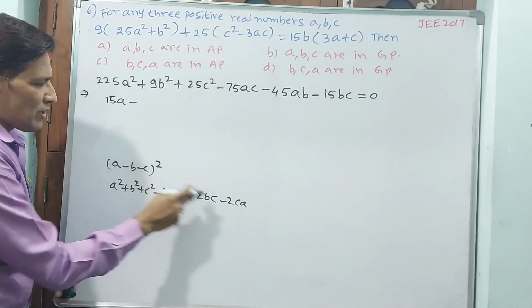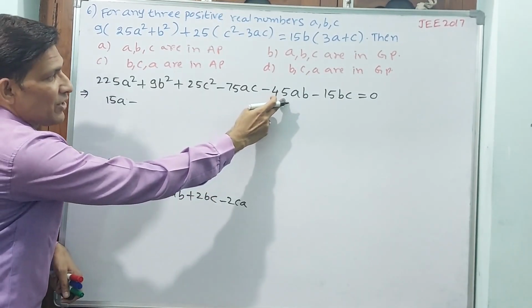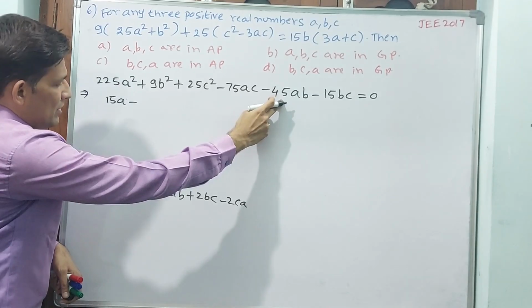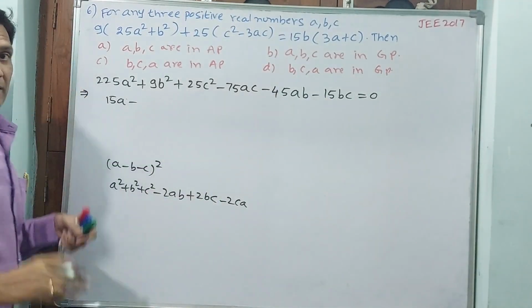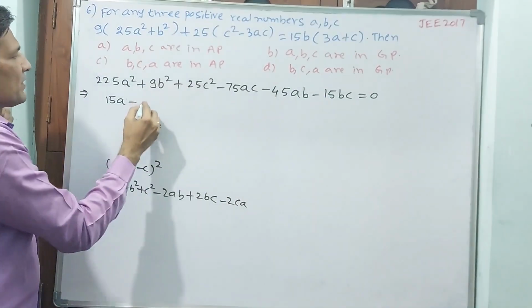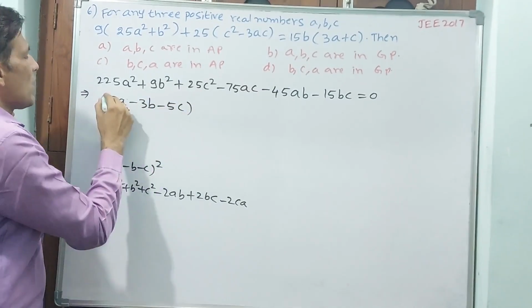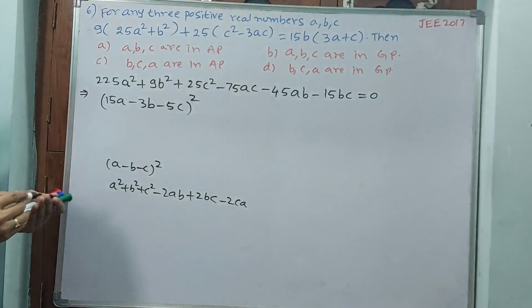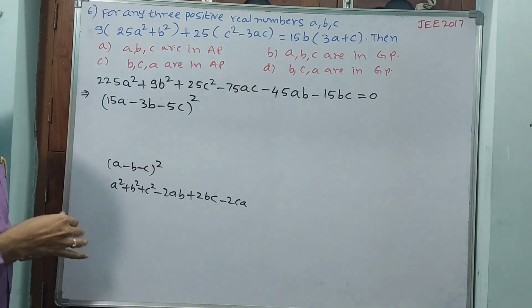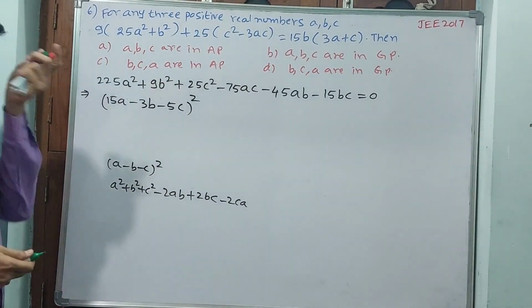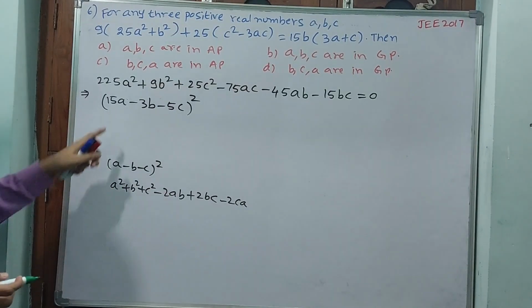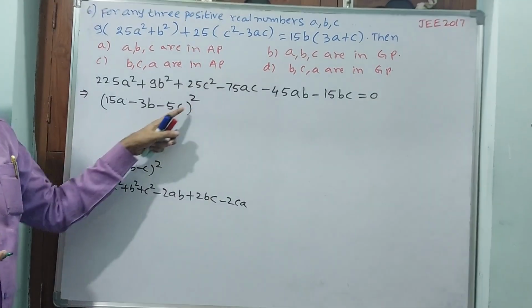Okay, again ca should come minus, but here if you compare, ab minus, okay, bc also minus is there. That is why. Okay, see (15a − 3b − 5c)². Just I have written, but let me see what will come. That is why I am keeping (15a − 3b − 5c)², like you think.